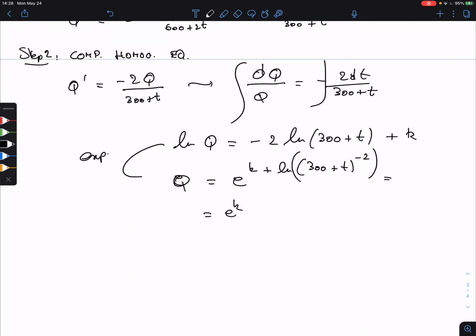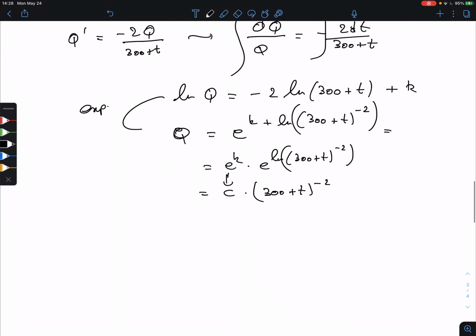This is e to the k times e to the ln of 300 plus t to the negative 2, and therefore I'm going to rename this as C, and this becomes just 300 plus t to the power negative 2. So if you want, this is C over 300 plus t squared. Okay, that's the homogeneous solution, so let me write it up. This general homogeneous solution looks like this.